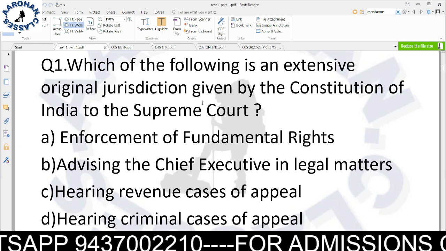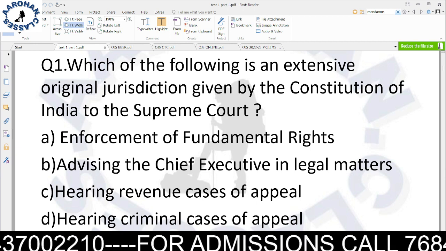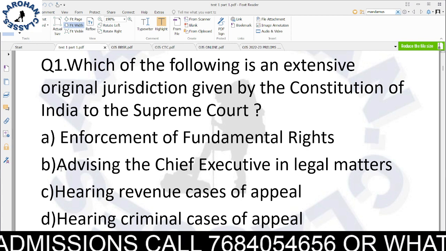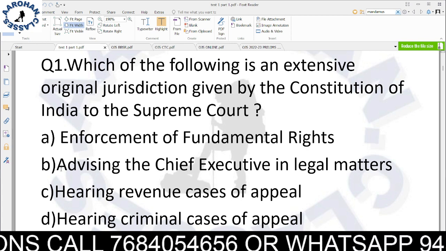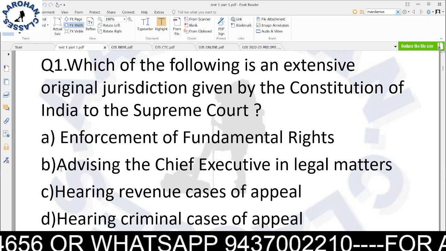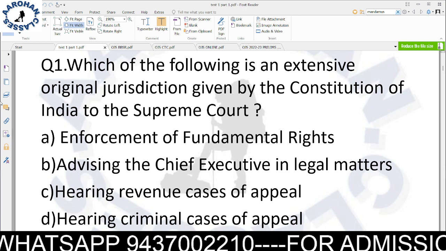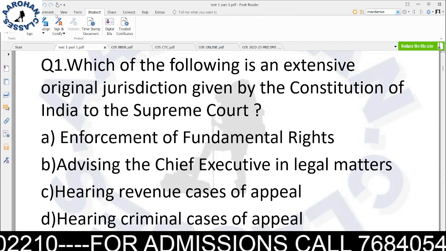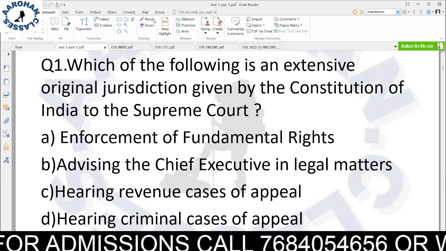Enforcement of fundamental rights, that is under Article 32, the Supreme Court has the original jurisdiction of enforcement of fundamental rights. So the answer is A.